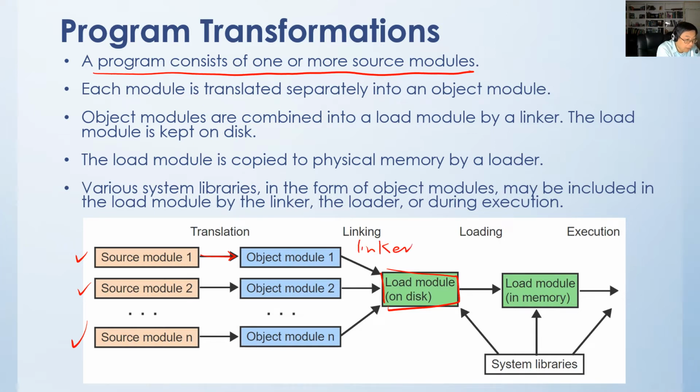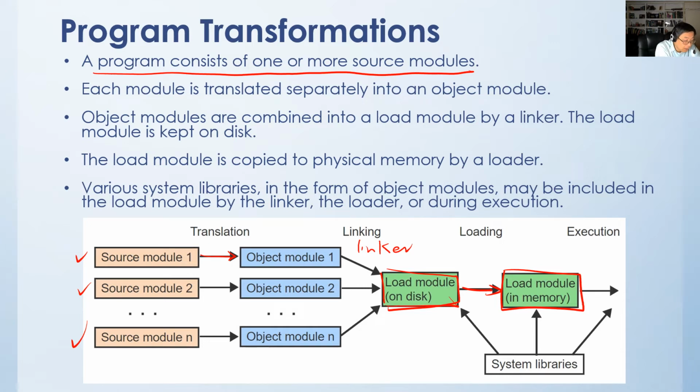The load module is kept on disk, and we also call this executable code. The load module is copied to the physical memory by a loader. So now it's ready to execute.